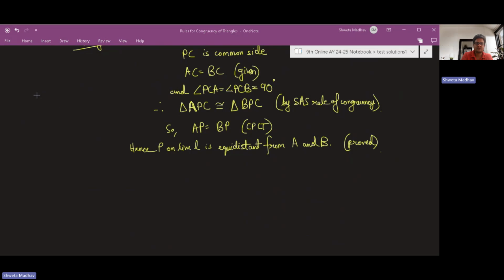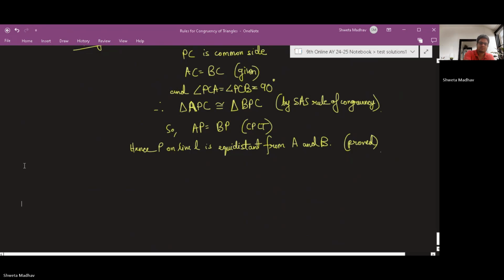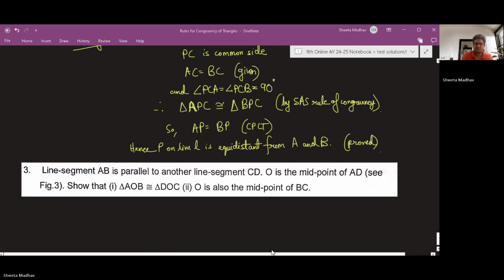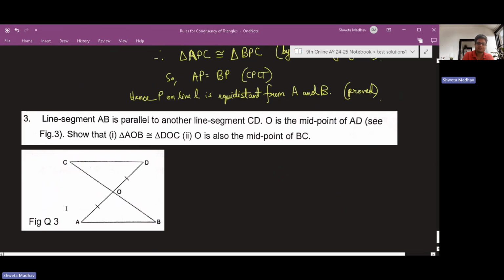Then we will do question number 3. This is question number 3, and its figure also has been shown. The figure is this one.